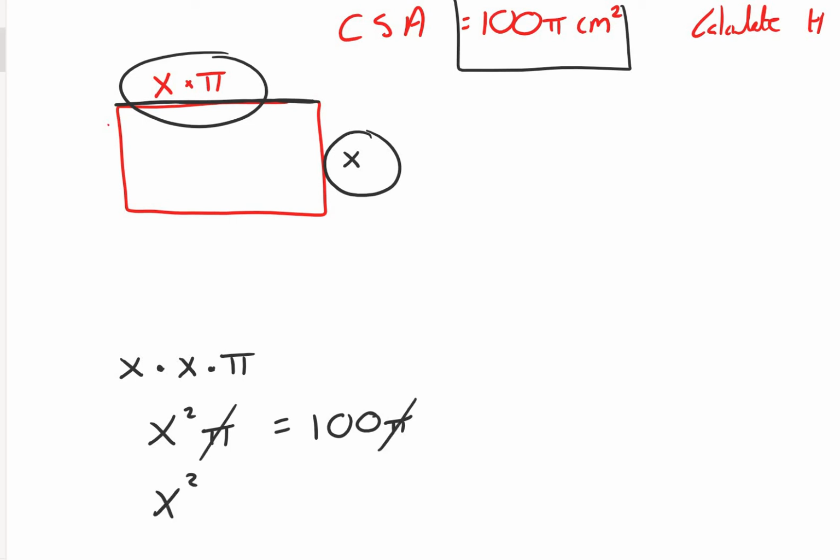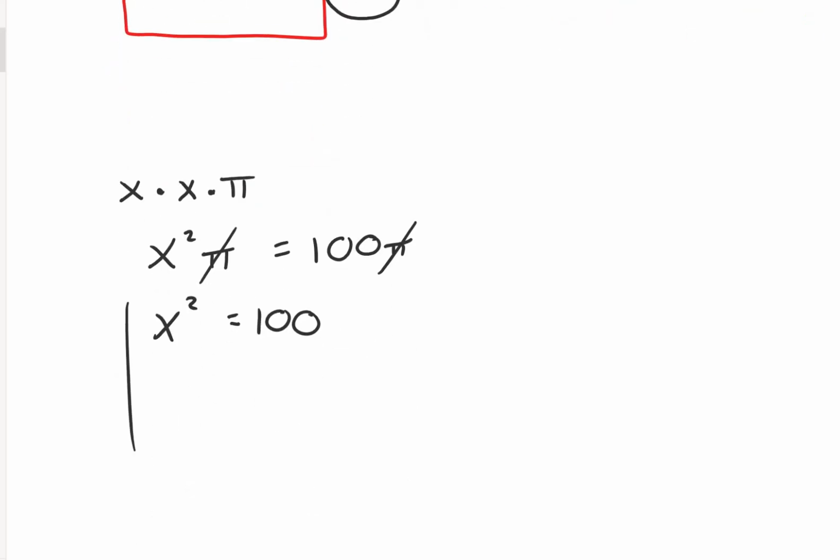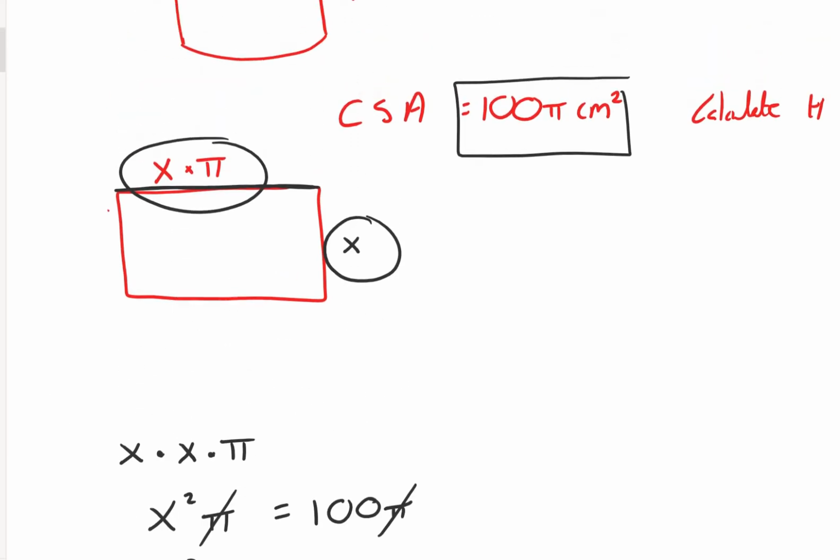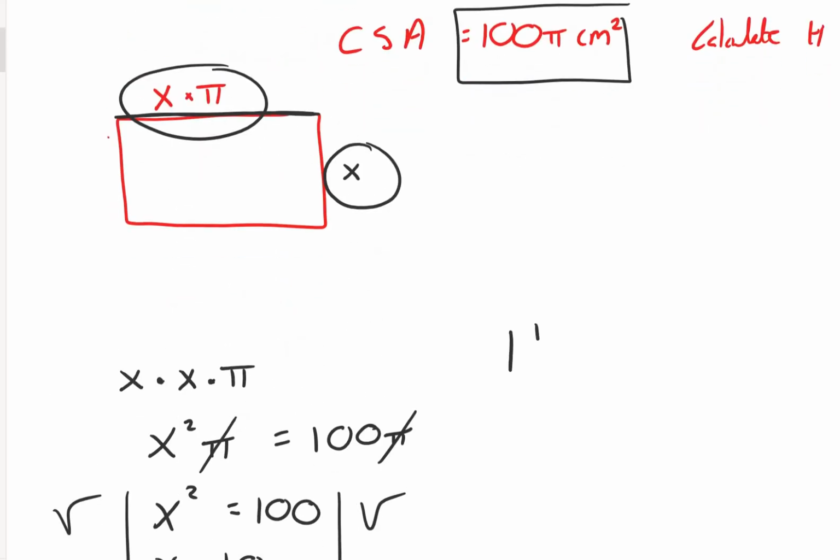And if x squared equals 100, we need to square root both sides, and we get x equals 10. So x equals 10 centimeters. So if x equals 10 centimeters, then the height equals 10. Okay? The maths was easy in that, but it was just tricky to get your head around.